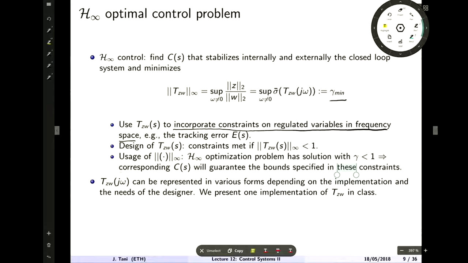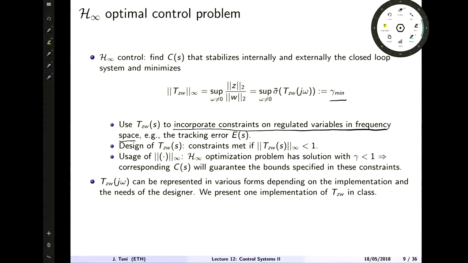Then we use the machine, the H-infinity controller design machine. And if it has a solution for gamma smaller than 1, it means that the corresponding controller will guarantee the bounds specified in the constraints.